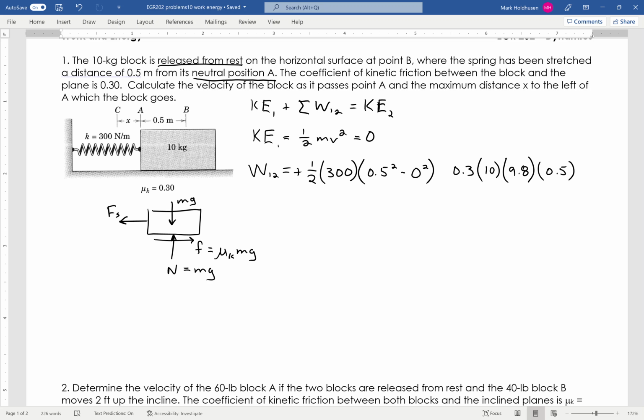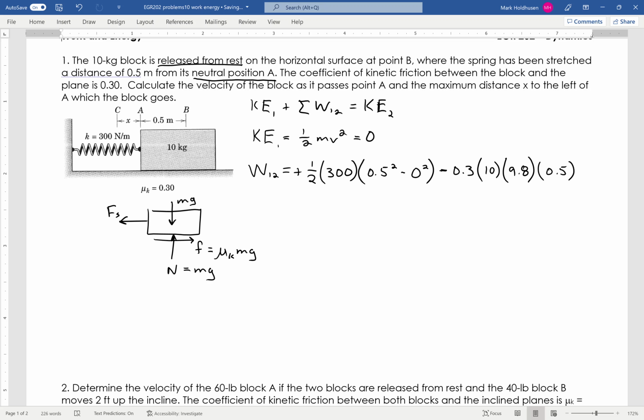Those are in opposite directions, so I have negative work being done here. Gravity does no work because it's vertical and the motion is horizontal. Likewise, the normal force does no work because it's vertical and the motion is horizontal. The only things doing work are the positive work of the spring pulling it to the left, and the negative work of the friction acting against that motion.